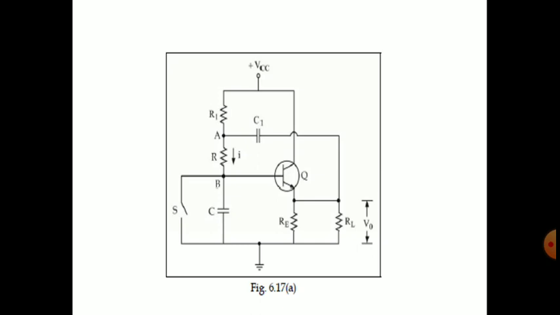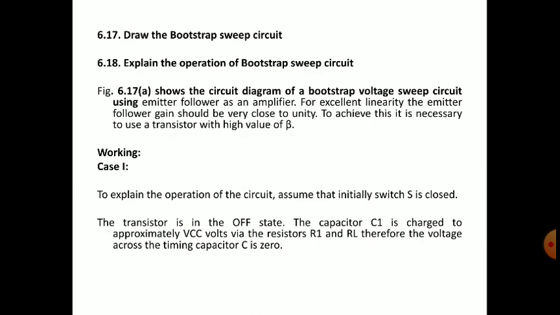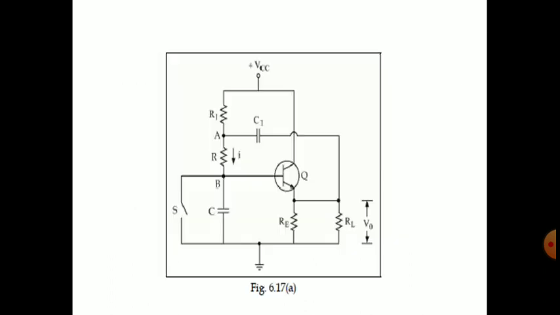I hope everybody has drawn the circuit. Now moving on to the operation. The figure shows the circuit diagram of a bootstrap voltage sweep circuit using an emitter follower. Using an emitter follower, because it is a common collector connection.